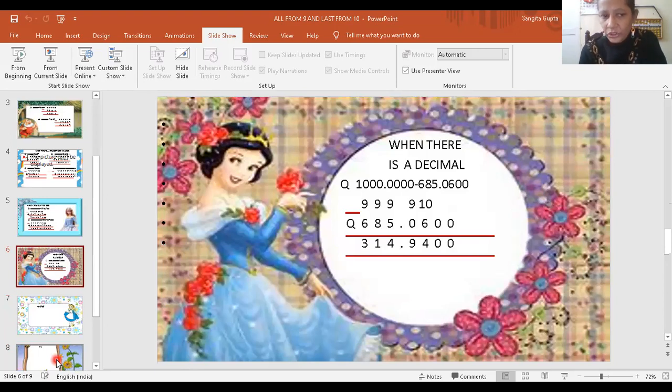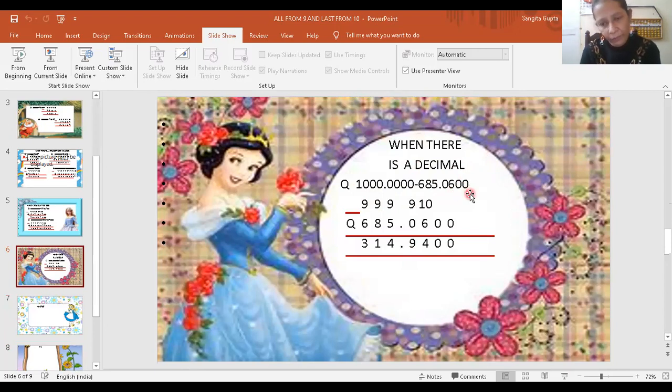Now the next question is when you can see there is a decimal. Sometimes children make so many mistakes when they are doing the decimal sums. They are so much confused. Now you can see here, now I have to subtract this from this. So here decimal is here, and in the last you can see zeros are here.